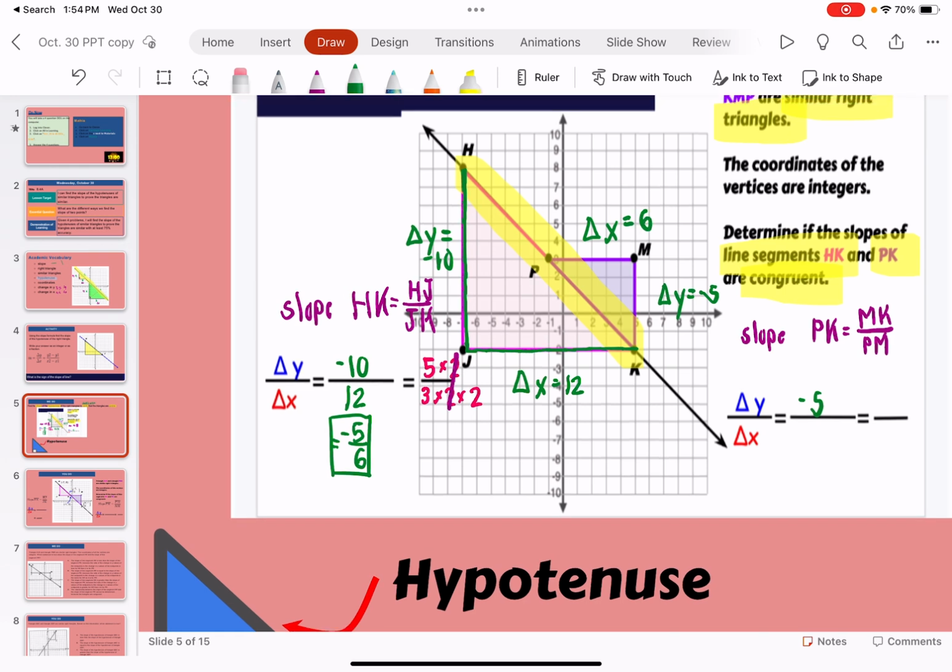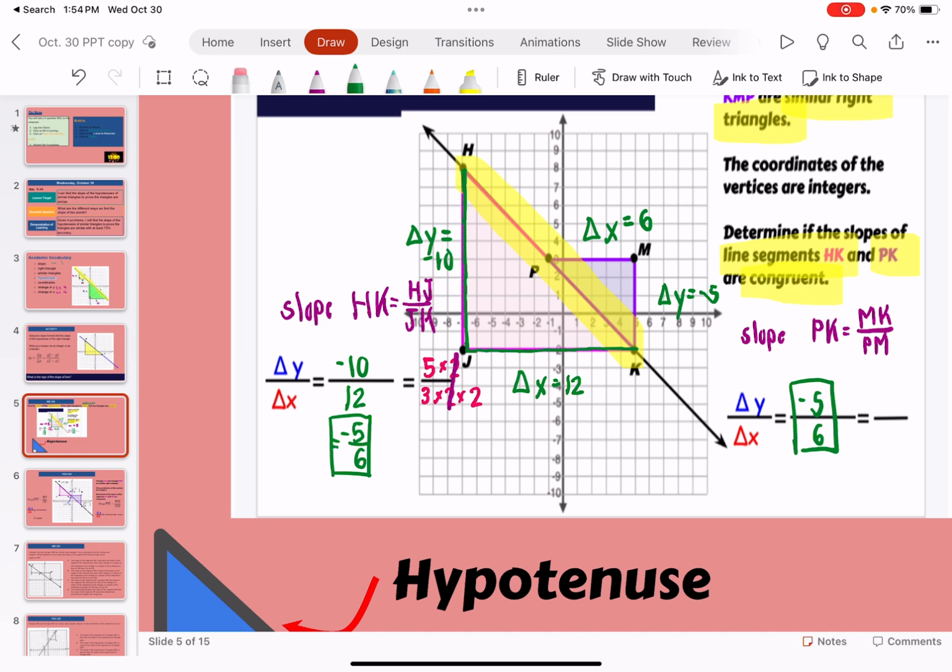So we have negative 5 over 6. And we know that negative 5 over 6 is already in simplest form. So as you can see, the slopes of the hypotenuses of similar triangles are the same. They are congruent. They are equal. I'm going to say that one more time because that is one of the main points of today's lesson. The slopes of the hypotenuses of similar triangles are the same. They are congruent. They're equal.